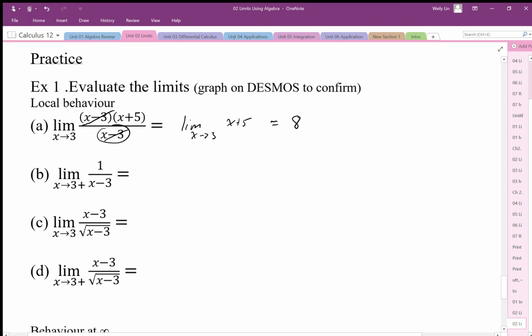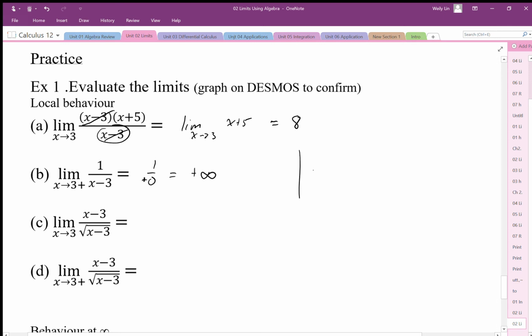This one here, we should try to imagine what's going on. We're going to end up with 1 over 0. But because of this 0, we have to make sure we know which side of 0 we're approaching from. So if we're approaching 3 from the positive side, it's going to be positive 0, so we should end up with positive infinity here.